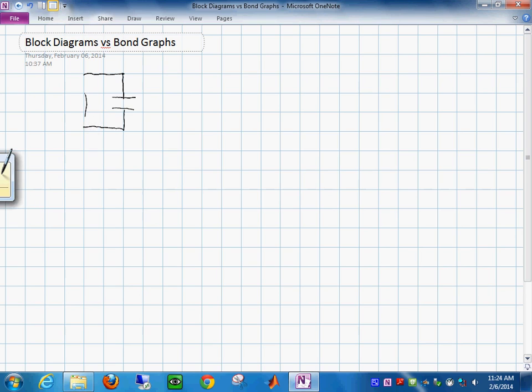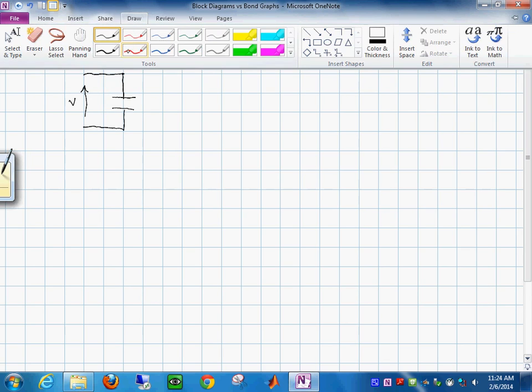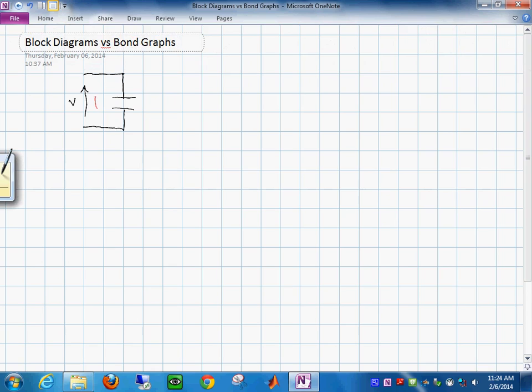But let's say that we have a voltage here, and then we put the current that circulates over here, I. So we're going to concentrate on just one element and do first the representation of the block diagrams. I am going to put it on the left hand side here. And then here I'm going to say bond graphs.